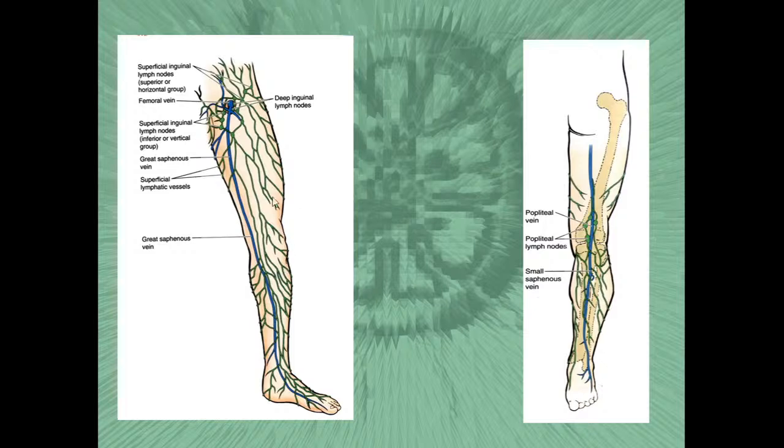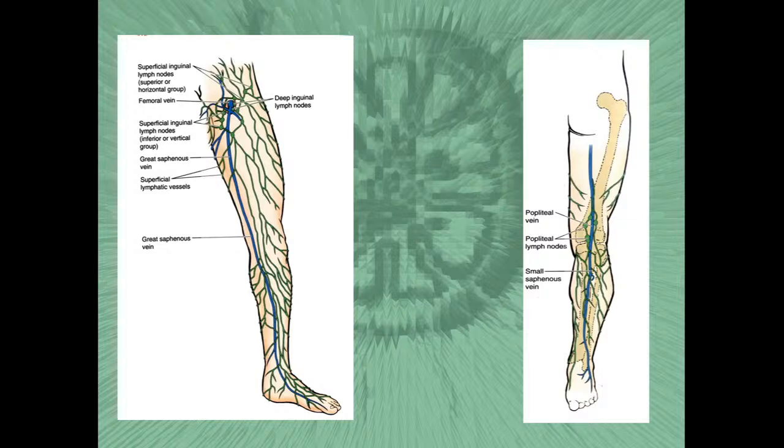Then through the systems of the lymphatic capillaries, lymph gets to the next regional group of lymph nodes located in the inguinal region. These are the inguinal lymph nodes, depending to relations to the fascia lata, superficial inguinal lymph nodes, and then deep inguinal lymph nodes.